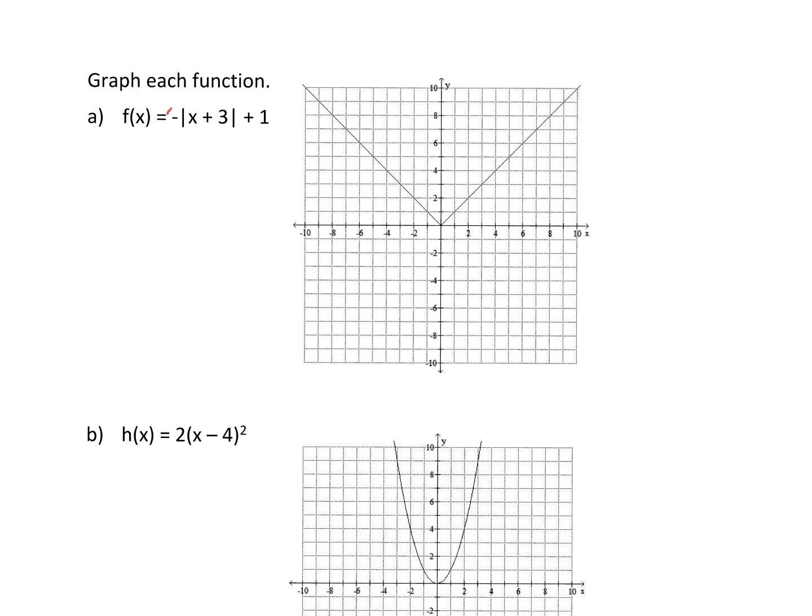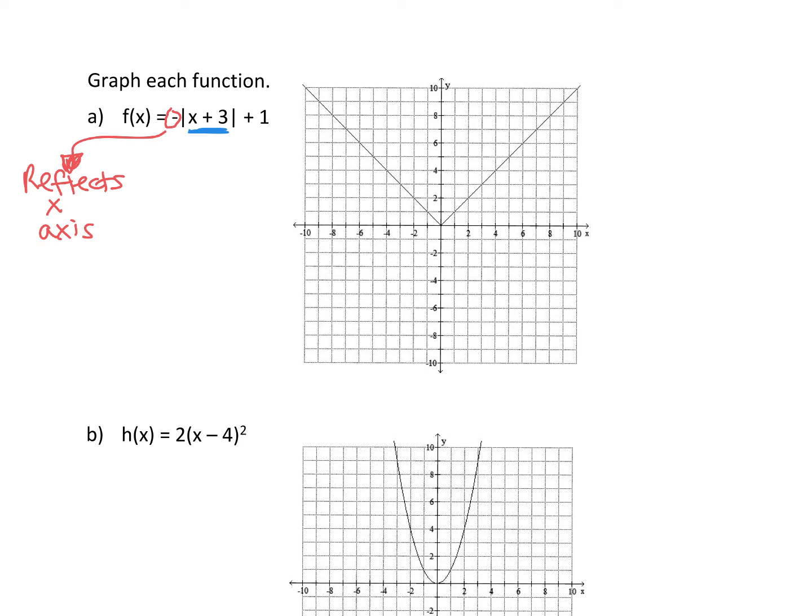Okay, so let's describe the transformations first. The negative in front would do what to my graph? You can either unmute and tell us, or you can type it in. X-axis reflection. Yes, thank you, Caitlin. It reflects across the x-axis. Okay, now somebody different has to help us with the x plus 3.